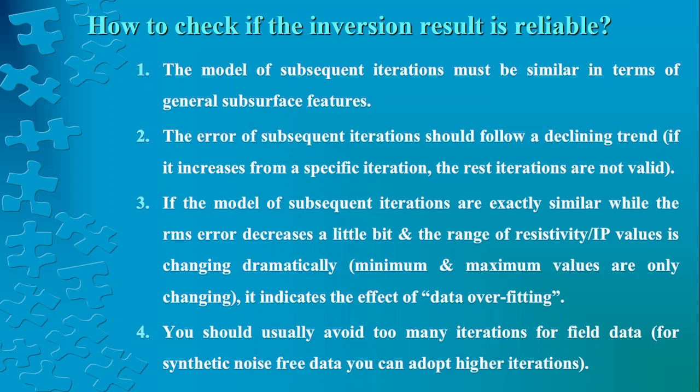For example, in iteration 5, iteration 6 and iteration 7 we have similar patterns of resistivity or IP, and the only things that vary are their ranges and the decline in RMS error.